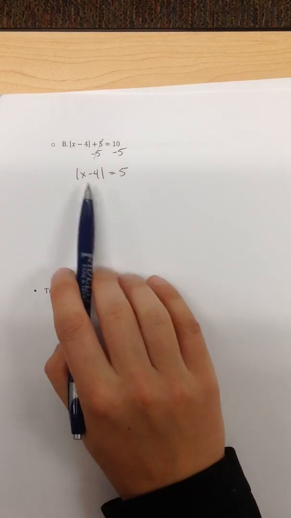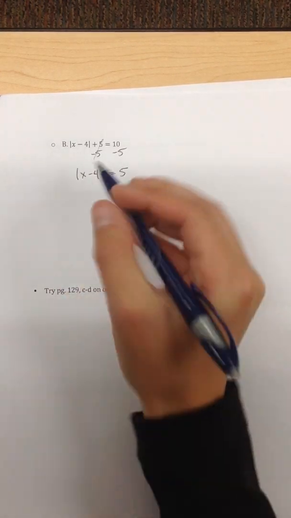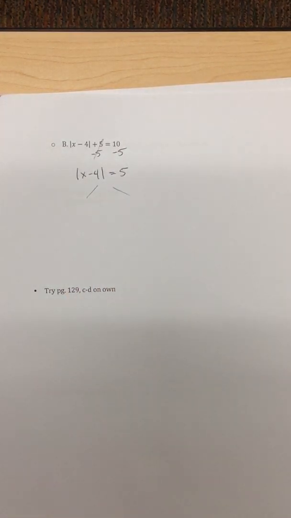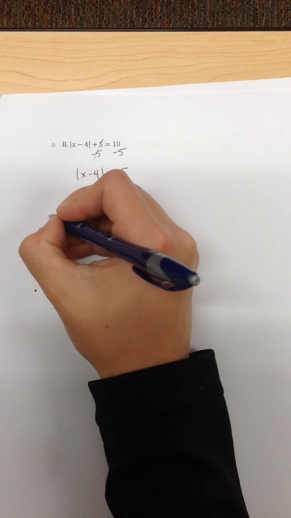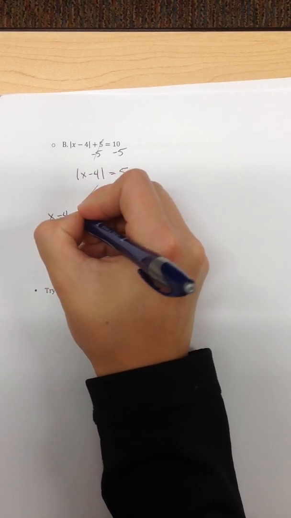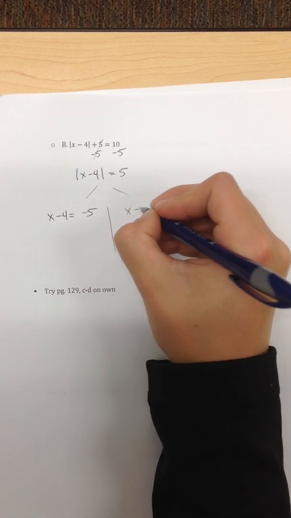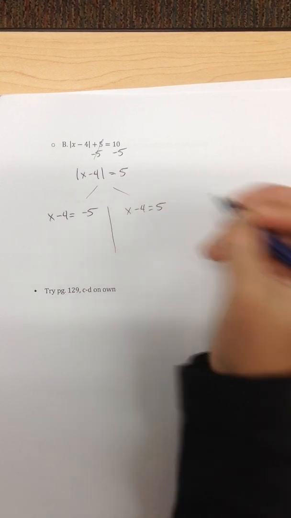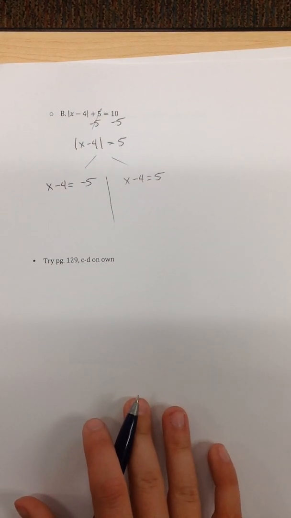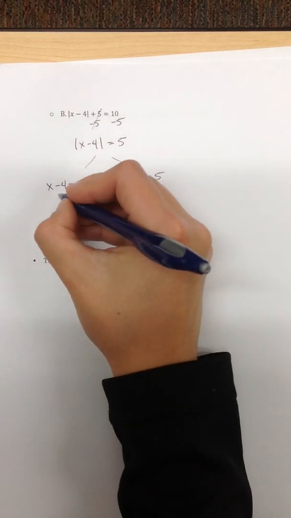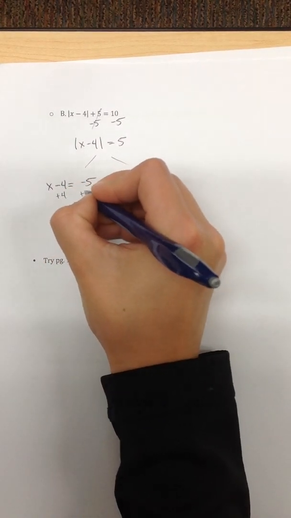Now that I've got it down to just absolute value equals a number, I can split it into my two separate equations, one of them equaling a -5, one of them equaling a +5. So I can go x minus 4 is equal to -5, x minus 4 is equal to +5. To get rid of subtracting 4, I'm going to have to add 4 to each side.